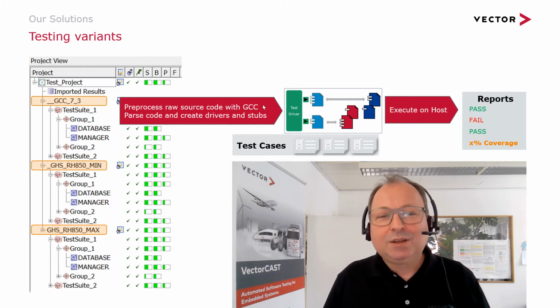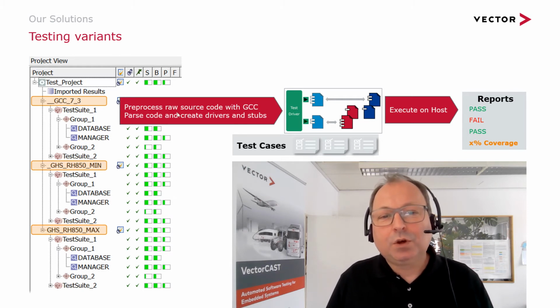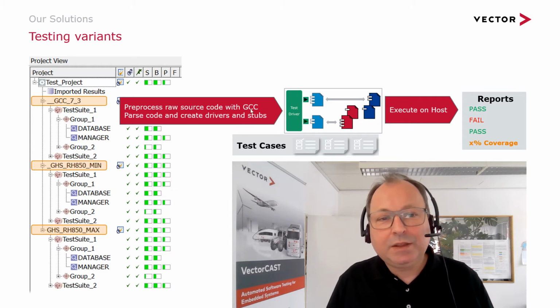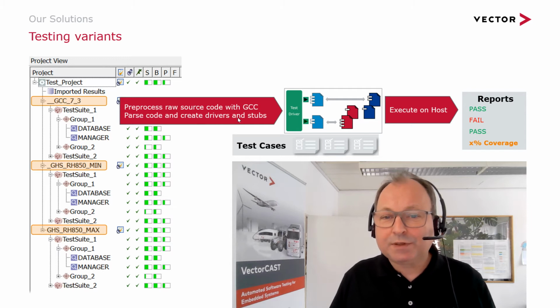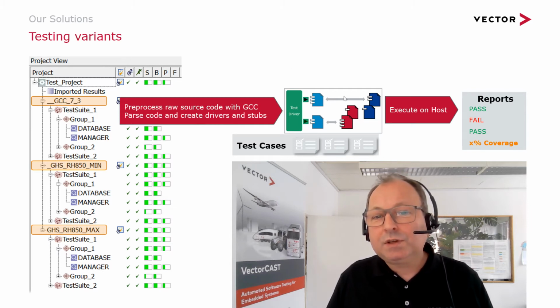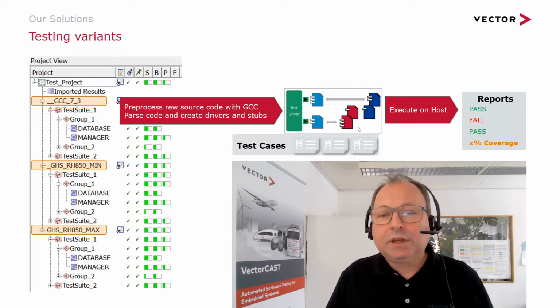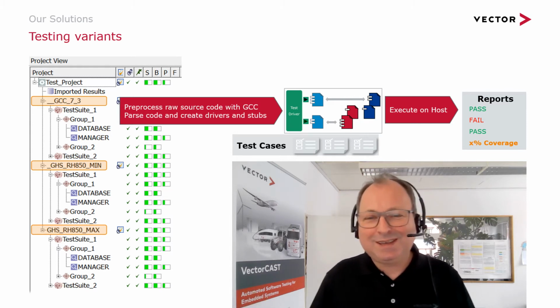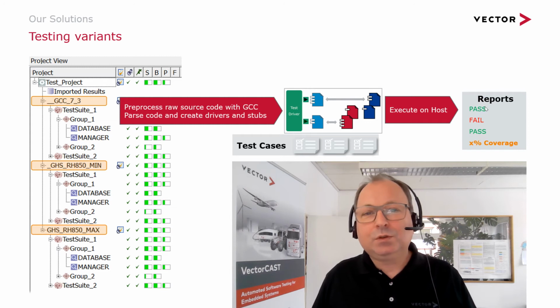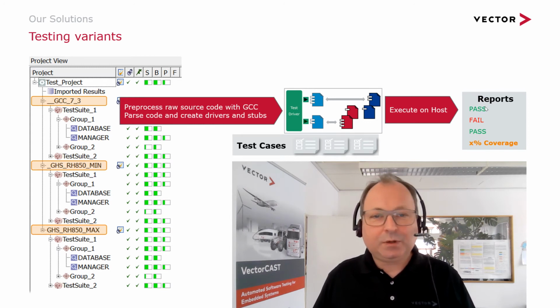We will pre-process the code using the GCC compiler in this variant, parse the code, and then create drivers and stubs automatically, and you get your unit test Windows executable. You can create your test cases that give you, in the best case, 100% code coverage, and then you can run the test cases, and they will be executed on your local PC, on your laptop, using Windows.